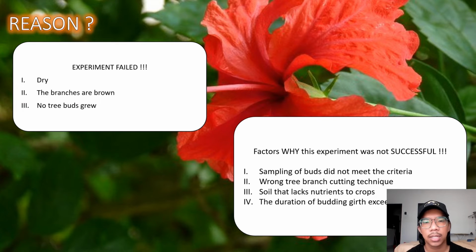And the last is the duration of budding. My doctor said the time for budding is 14 days, but I did it for around 21 days, so I took more time. So those are the factors why my experiment was not successful.